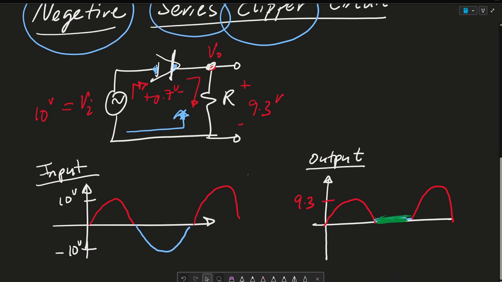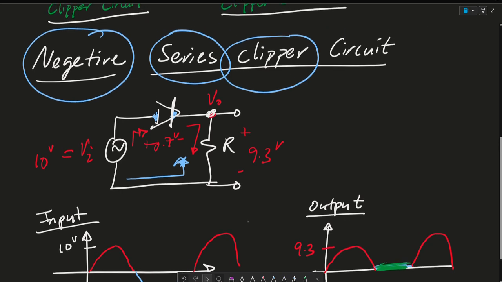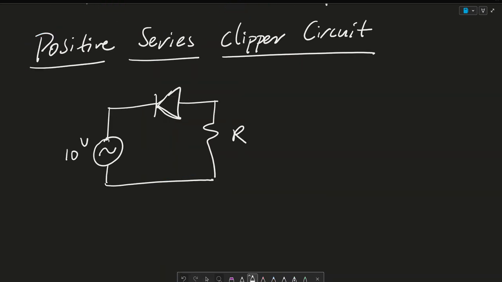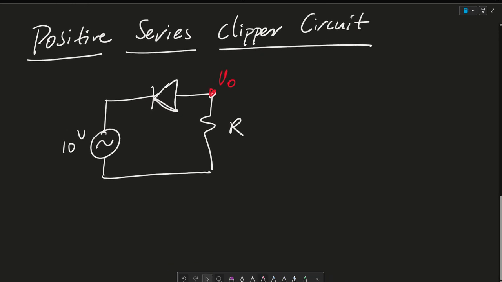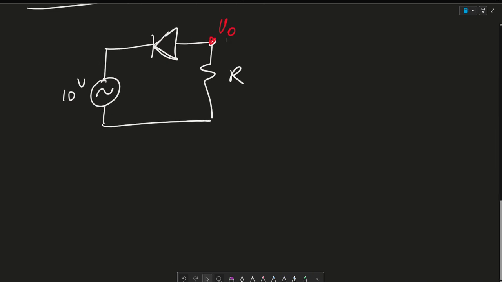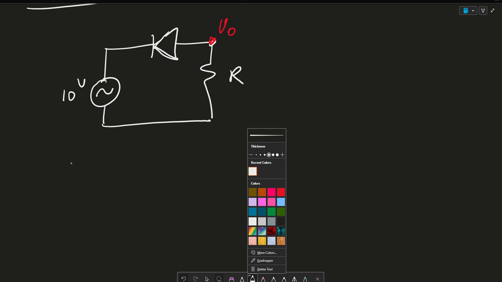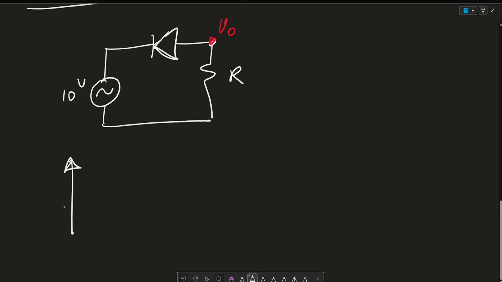Let's go ahead and talk about the positive series clipper circuit. So in this circuit, again, when looking at V out, we see that they're in series. But why is it a positive clipper circuit? If we have our input, as we said before, this is 10 volts.